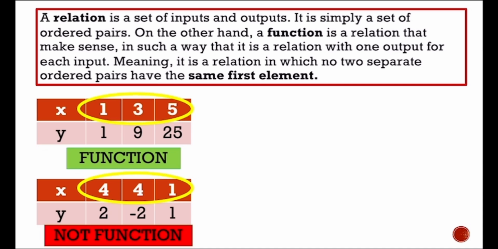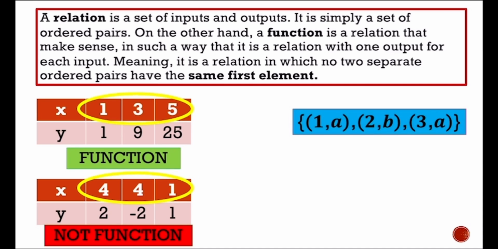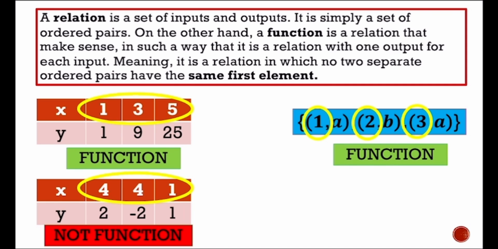For our next example, in terms of ordered pairs, we have 1 and A, 2 and B, and 3 and A. So from here, kuhanin muna natin yung ating mga first element. Ang ating mga first element is 1, 2, and 3. So as you can see, walang nauulit sa ating first element. So ibig sabihin, ito ay function.